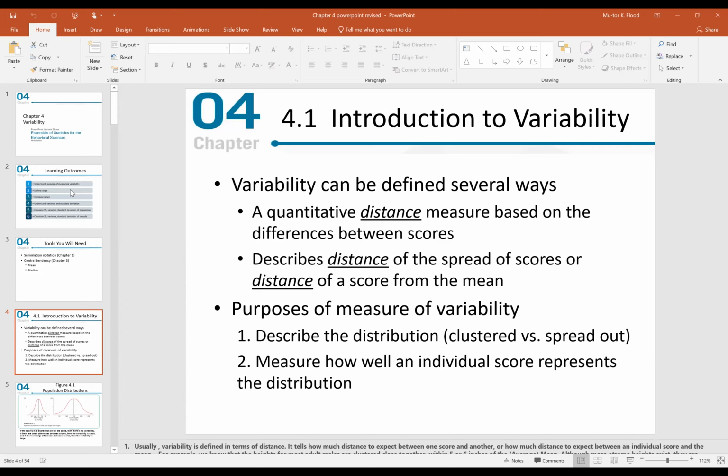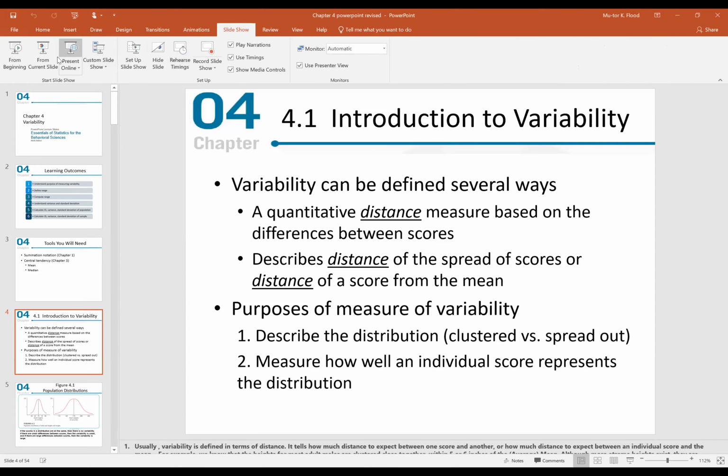And when I say clustered to spread out, I mean clustered to spread out from the mean. Another purpose is just to measure how well an individual score represents the distribution. And we're going to work on all of those as we move forward.